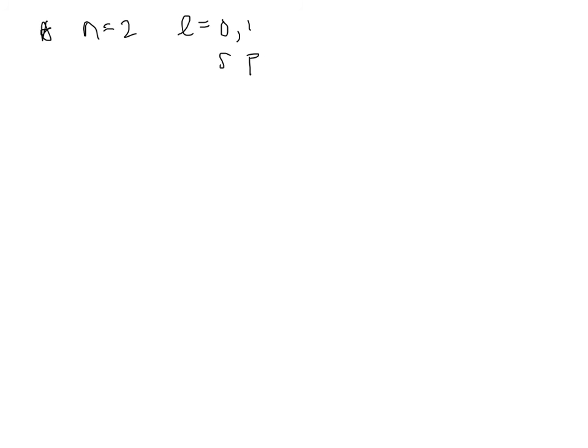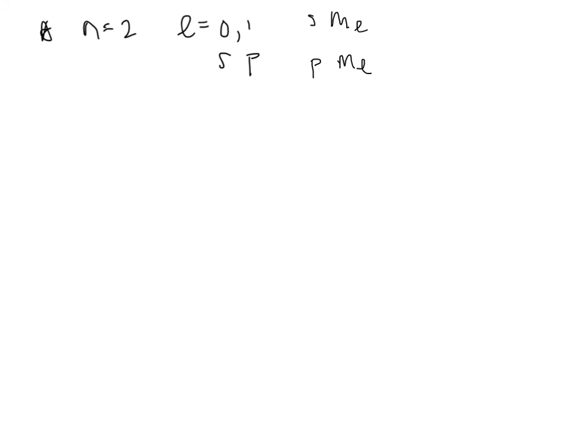I can have a 2s and a 2p orbital there. When I'm calculating my m sub l values, they are actually going to be separated for both the s and the p orbital that correspond to the n value for that orbital set.